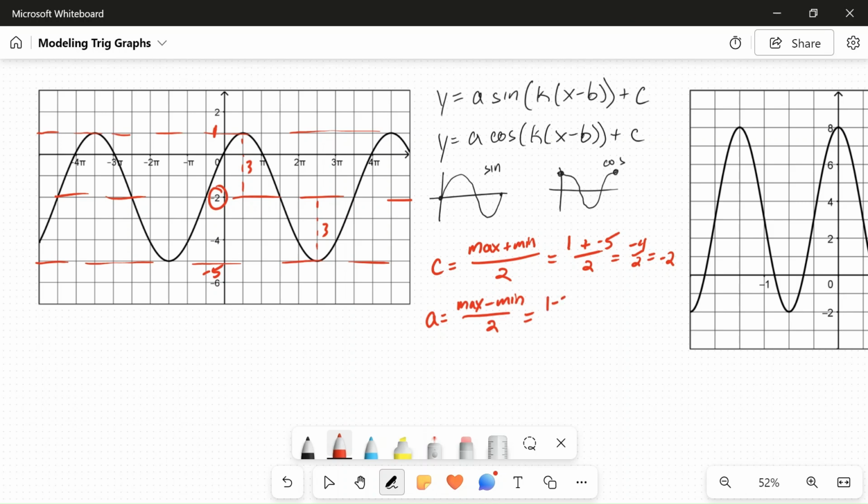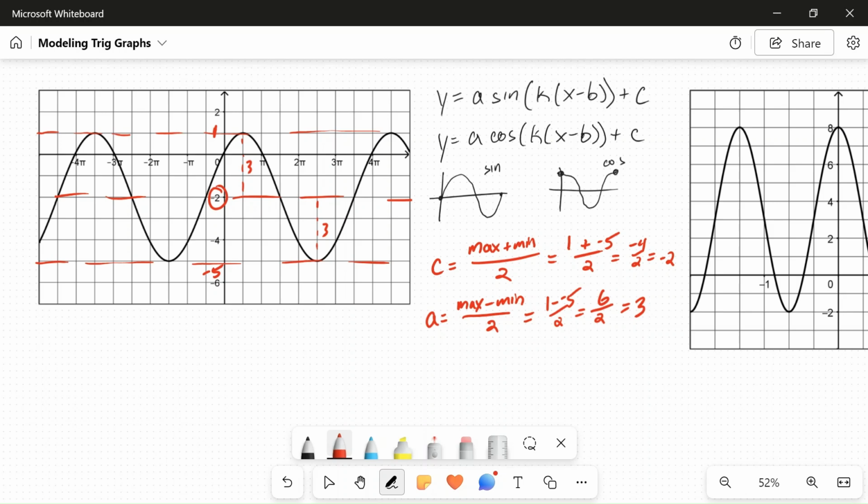So 1 minus negative 5 over 2. 1 minus negative 5 becomes 1 plus 5, or 6 over 2. And so the amplitude is 3, which we already visually knew. All right. So that gives me the outside values, the A and the C.